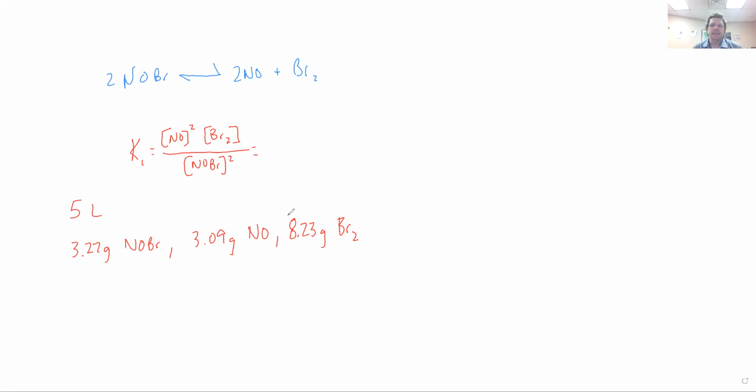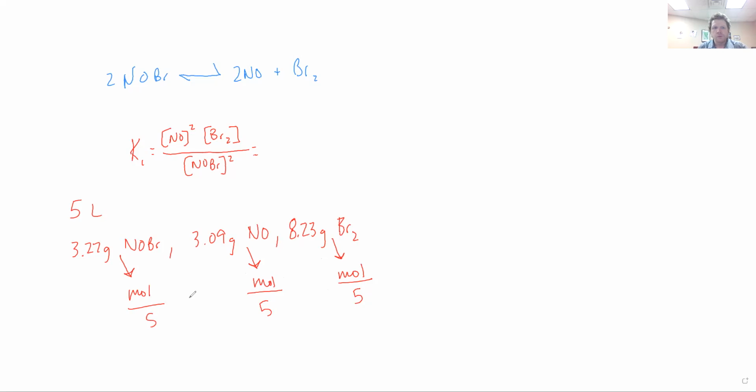These masses alone aren't really going to give us what we need. Instead, we need to take these masses and get moles. And then once we get those numbers of moles, we can divide the number of moles by 5, because that will give us a concentration.